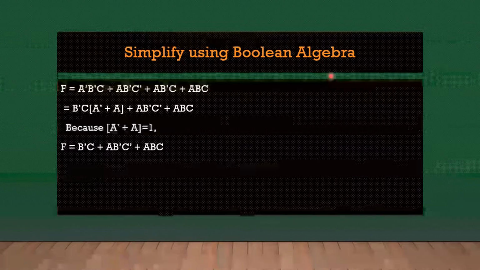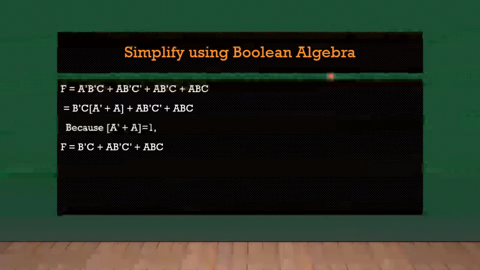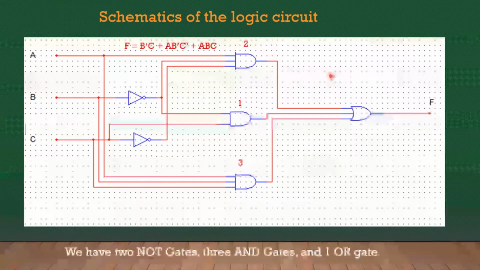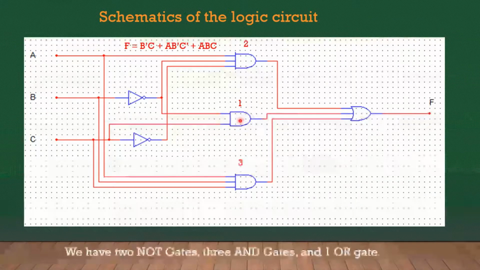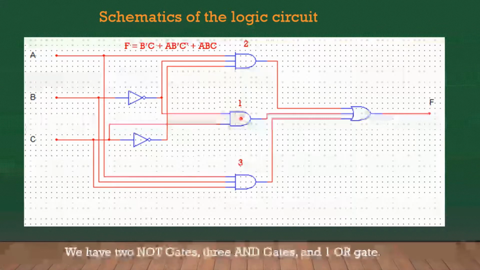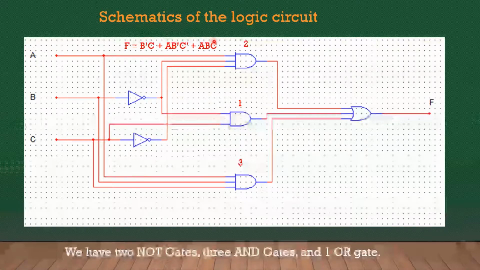Okay, then let's do a schematic for this expression, as we did before. Let's start with gate 1. We take this expression as gate 1, this is gate 2, this is gate 3.